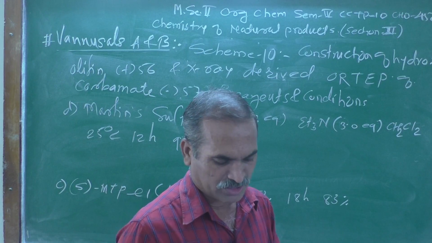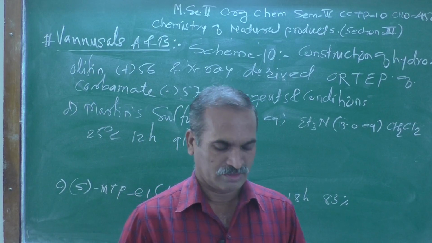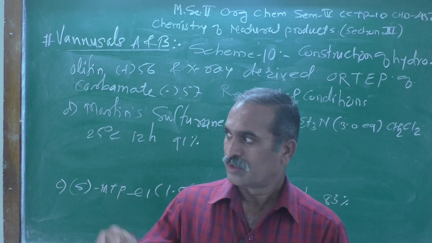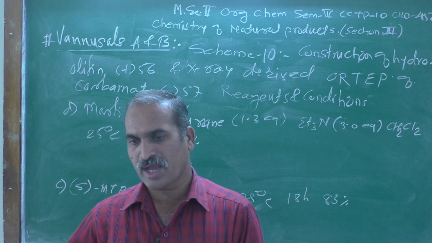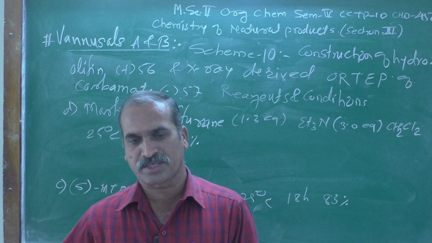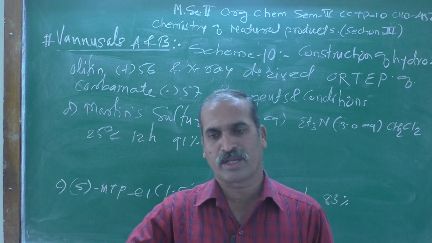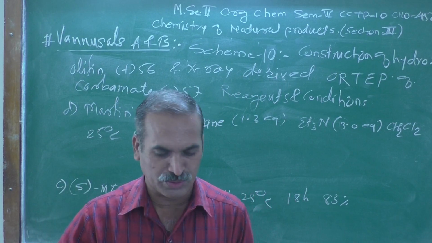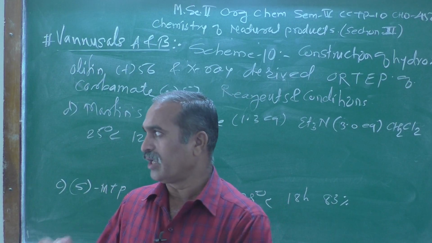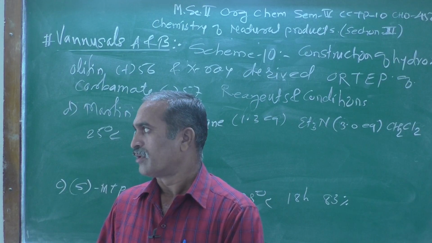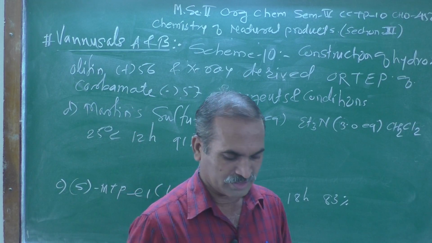So, Martin's sulfurane, as we know, is used for the conversion of secondary and tertiary alcohol into olefin, whereas primary alcohol is converted into an ether. So, that is the main use of Martin's sulfurane.